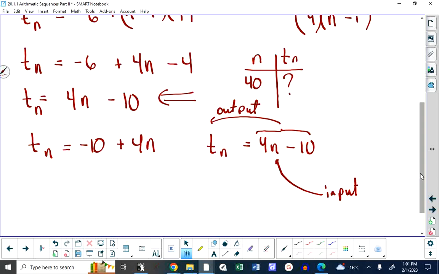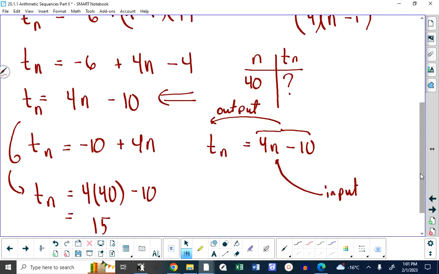The formula calculates it. Well, we're going to have to calculate it. And then what comes out is Tn. So T sub n will equal 4 times 40 minus 10, which is 150. Okay. So the 40th term, and I really should write T40 here. The 40th term is 150.